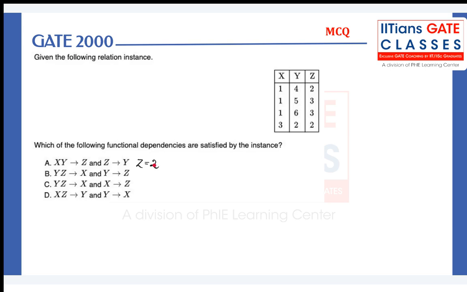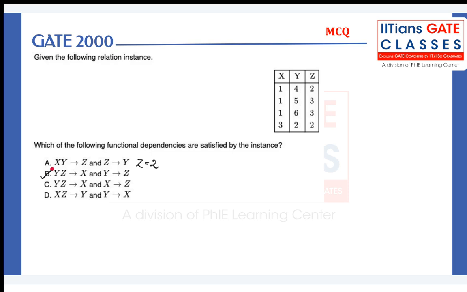You can see that in the table. Each value of Y is unique. So what is the answer? B. Okay.